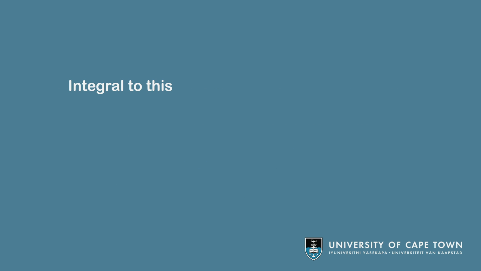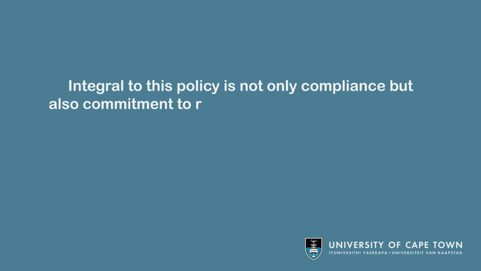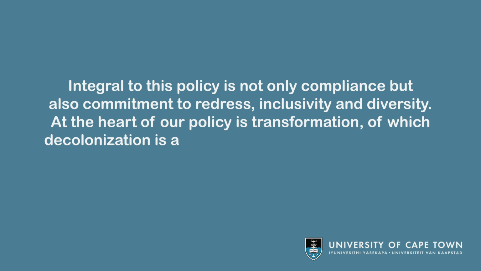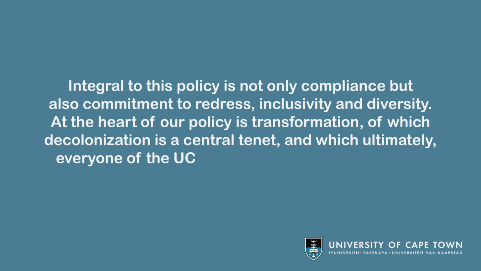Integral to this policy is not only compliance, but also commitment to redress, inclusivity, and diversity. At the heart of our policy is transformation, of which decolonization is a central tenet, and for which ultimately every one of the UCT community is responsible and accountable.